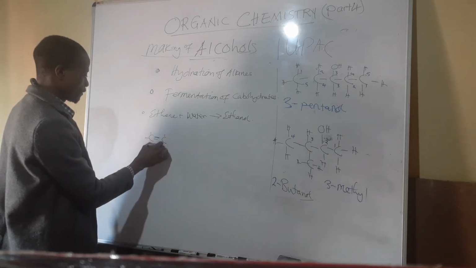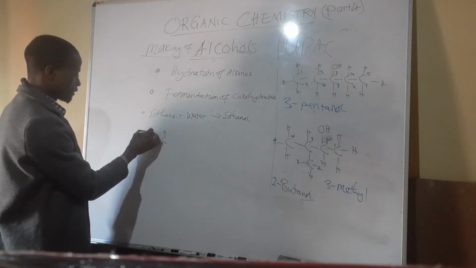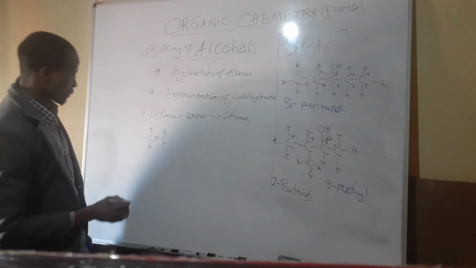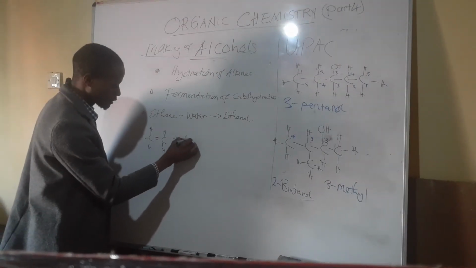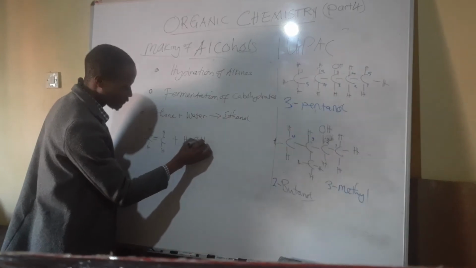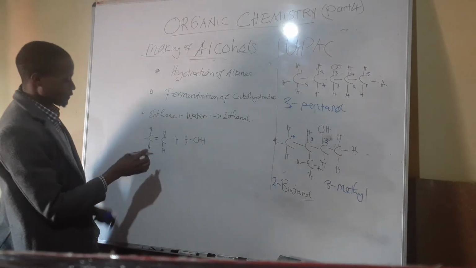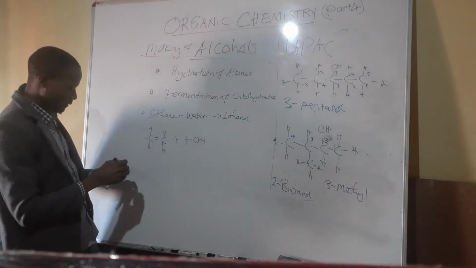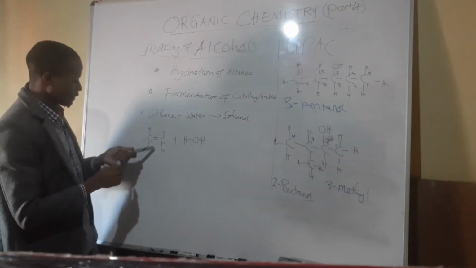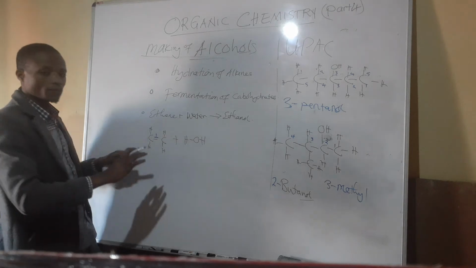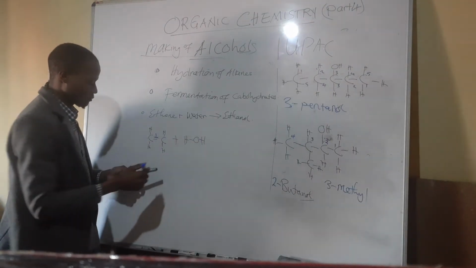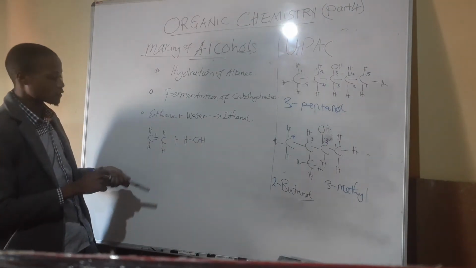So this ethene, we're going to add it with water. We said the bond will be broken open. Remember, the bond is broken open like that, and it allows the accumulation of the atoms of the water molecule.